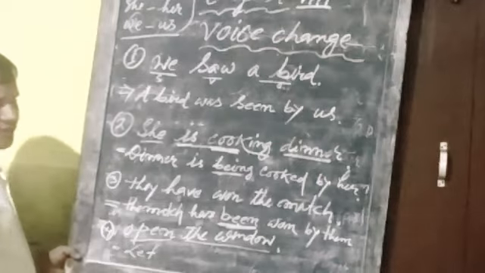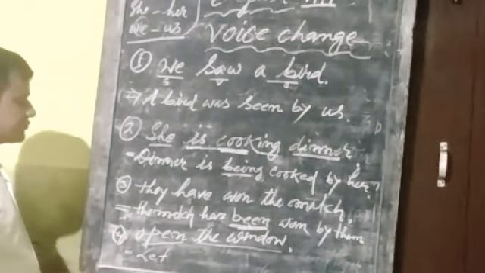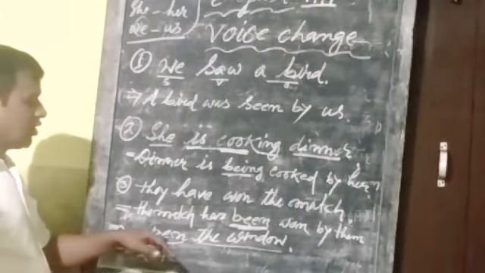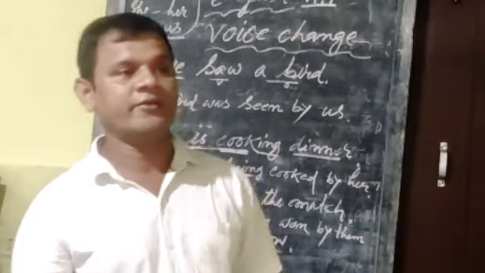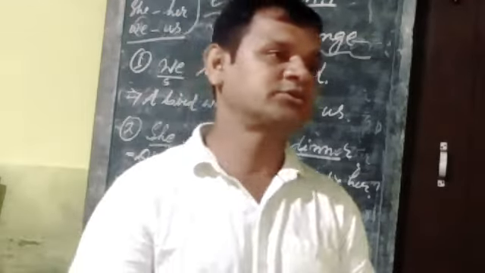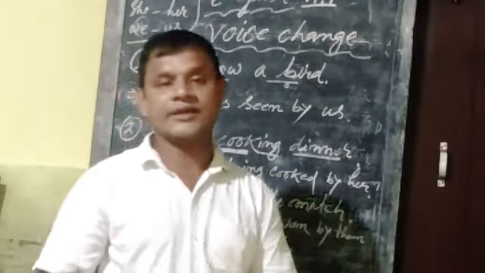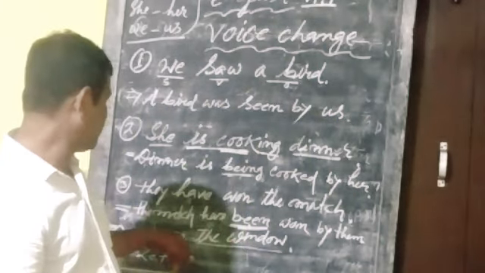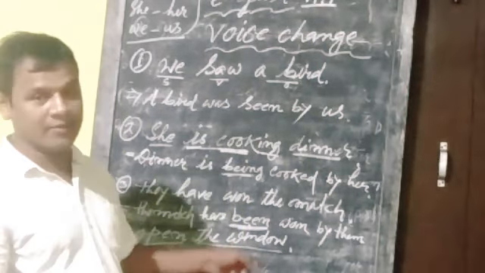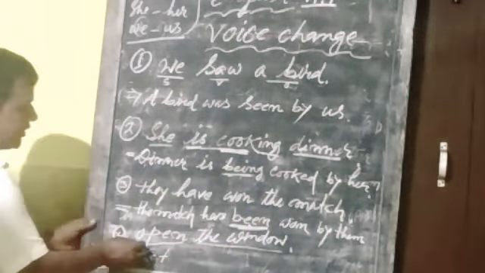You write first let. Open the door, shut the window, call in a doctor, take care of your health, bring some mangoes, write the letter. So omitting subject starts from verb. First word is verb.